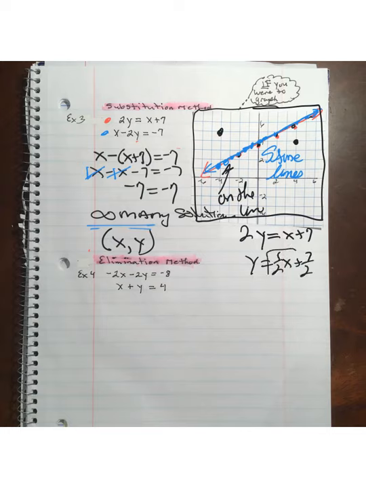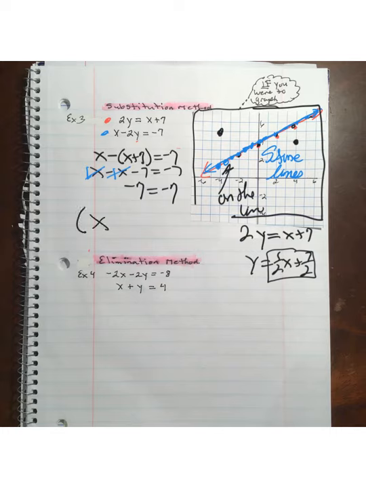So that's what goes where the y used to be. So my answer would be x, comma, and then where y used to be, I'm going to put 1/2 x plus 7/2. And that's called parametric form.